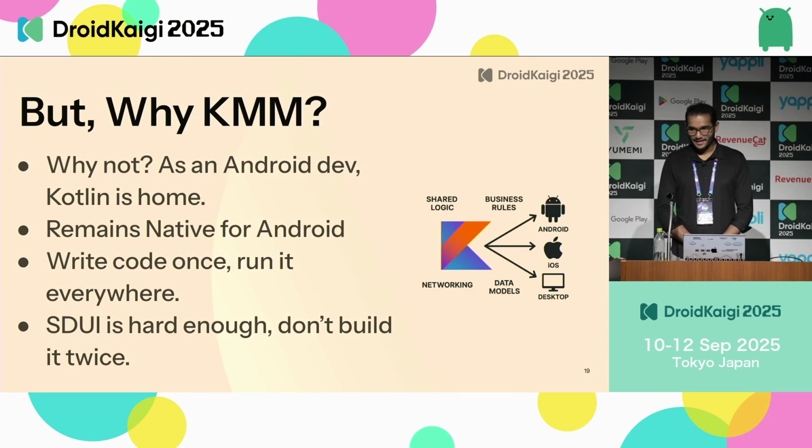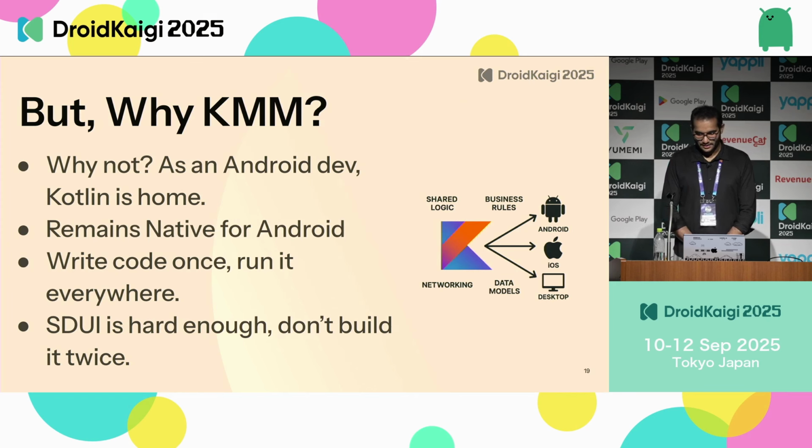For me, as an Android developer, Kotlin feels like home. And the best part is, it stays fully native, so you never lose the speed or features you expect. At the same time, you can write important code once and share it across platforms.